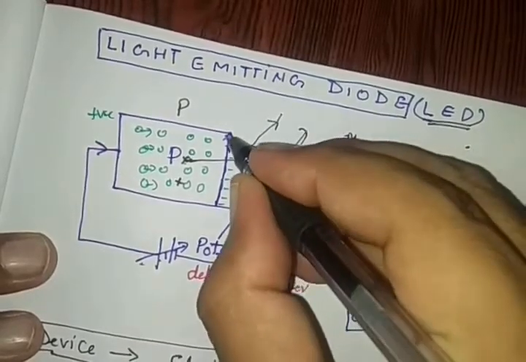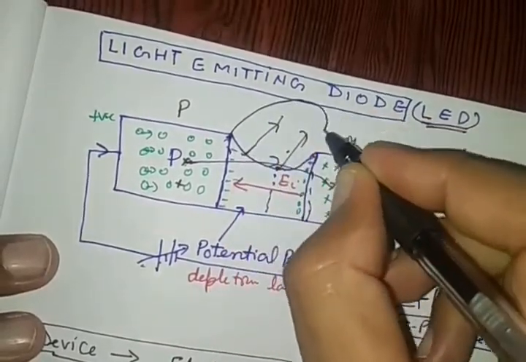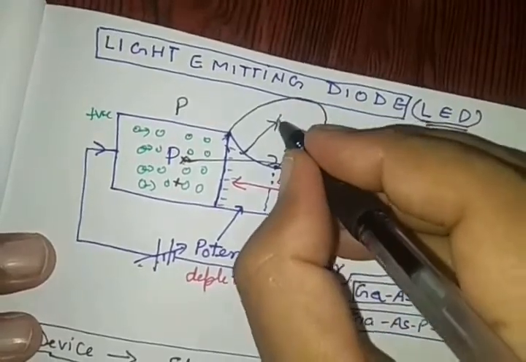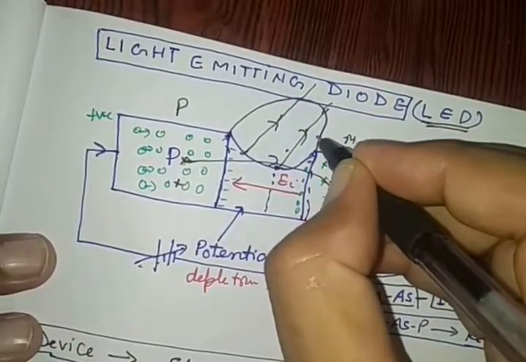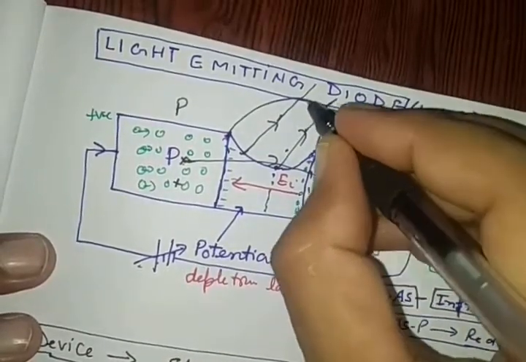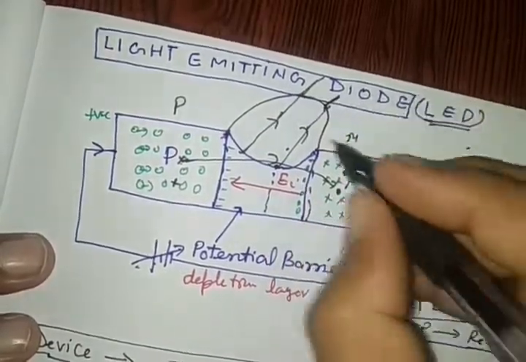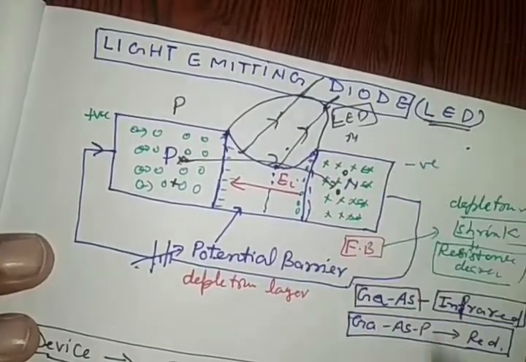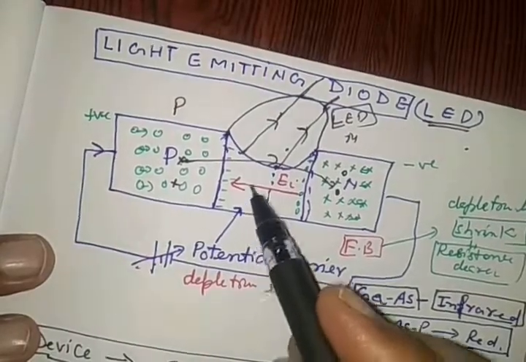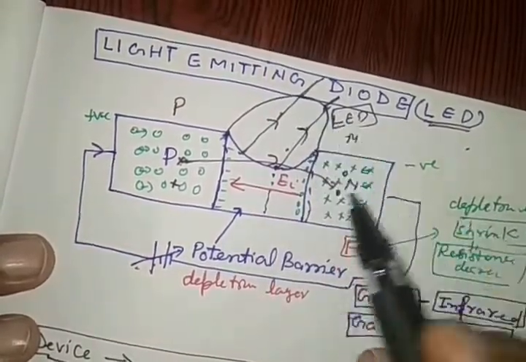This is covered with a dome-like material coated with a fluorescent material, so light is produced from here. This is light energy, LED. Electrical energy is converted into light energy.